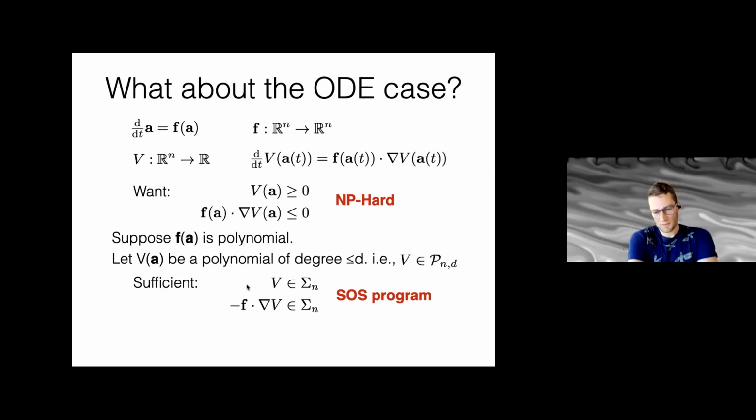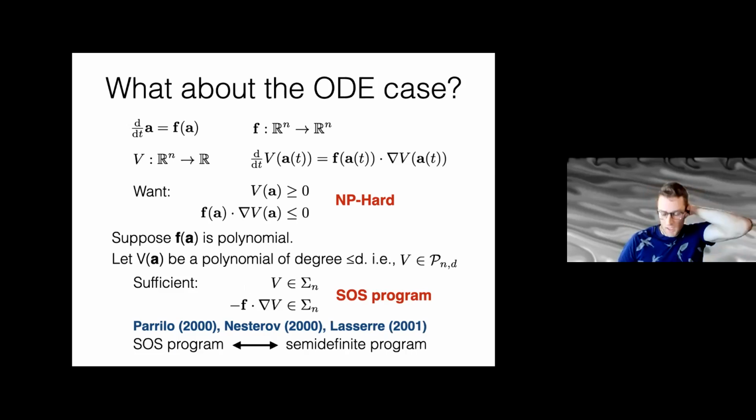So a sum of squares program, this has been an area that's become quite active in certain communities over the past 20 years, ever since it was recognized that this can be equivalently translated into a semi-definite program, which is a slightly better studied type of convex optimization problem. If you haven't heard of a semi-definite program, you've probably heard of linear programming.